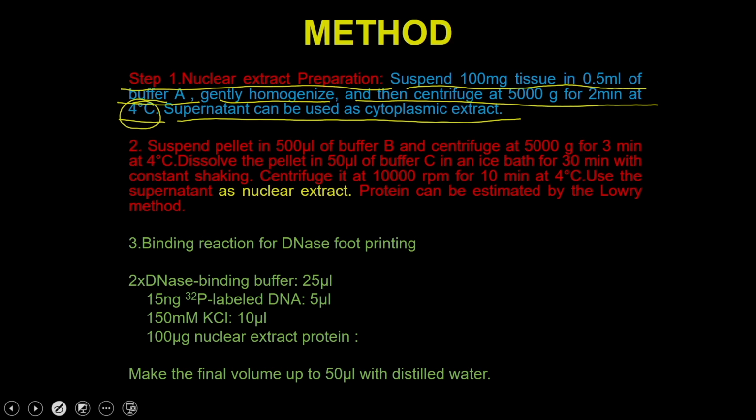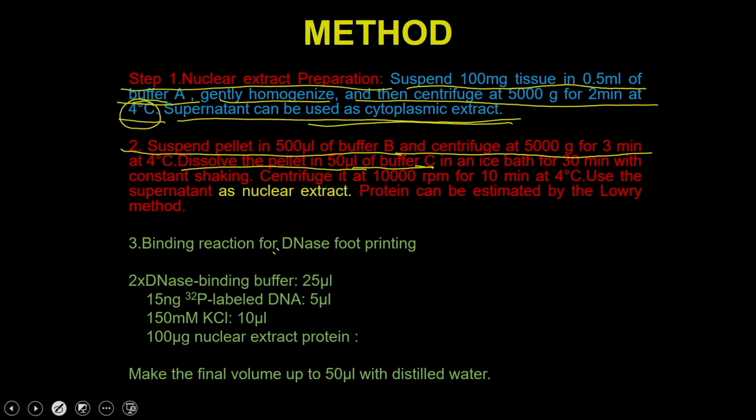Once you centrifuge you are going to get a pellet and the supernatant. The supernatant can be used as a cytoplasmic extract, whereas the pellet you will suspend in buffer B and centrifuge at 5000 G for another 3 minutes. Then you dissolve the pellet. After this also you are going to get a pellet and a supernatant. Then you dissolve it in 50 microliter of buffer C on ice for 30 minutes with constant shaking.